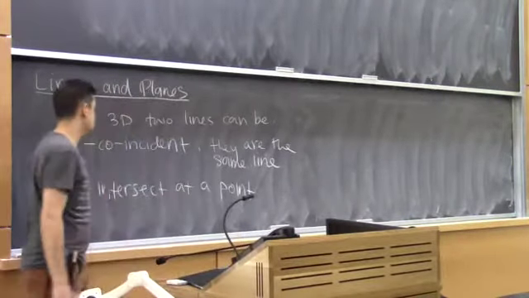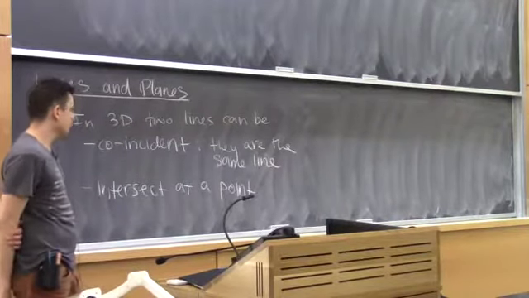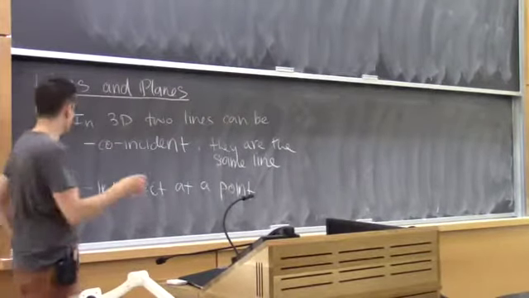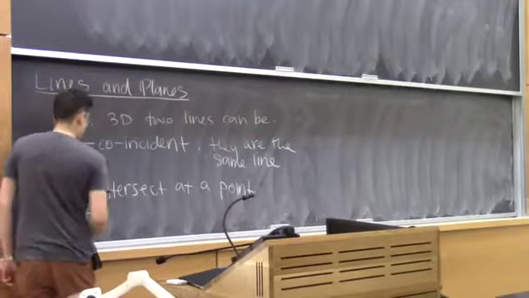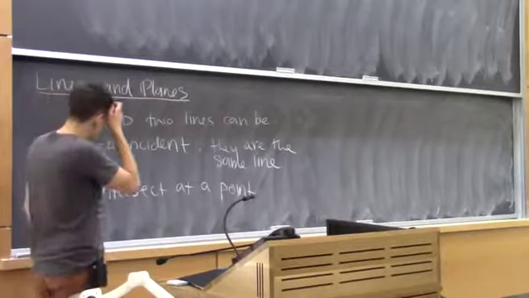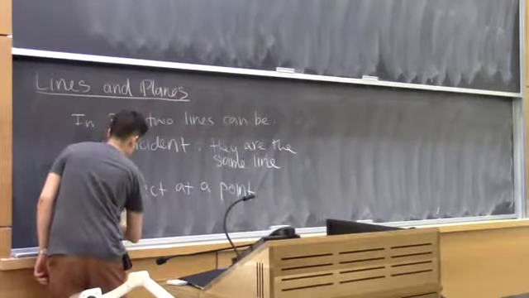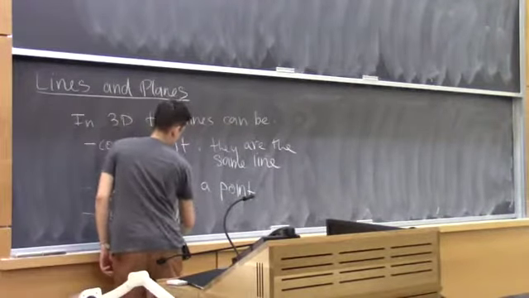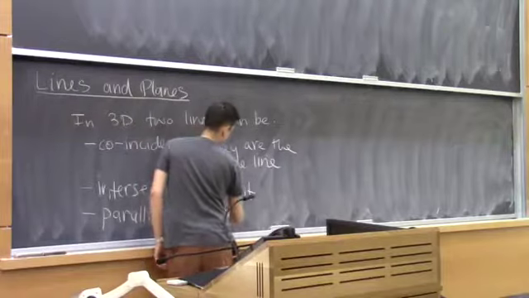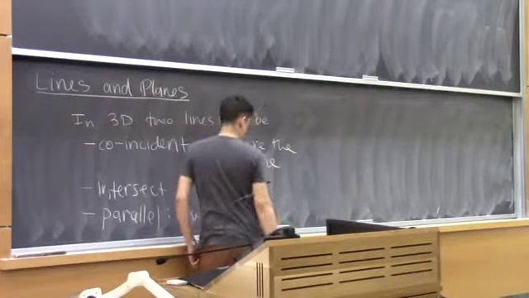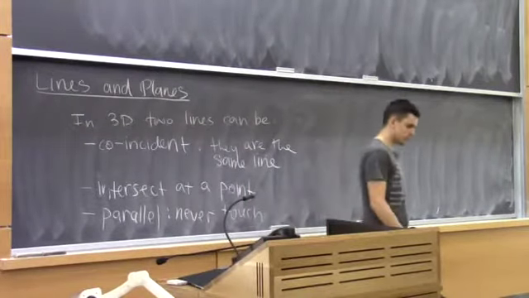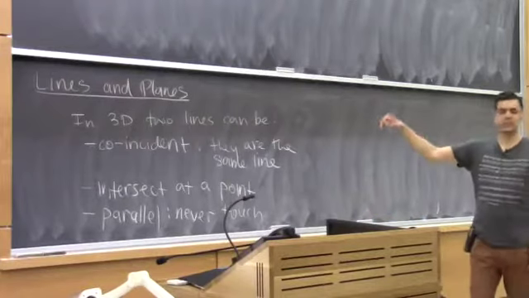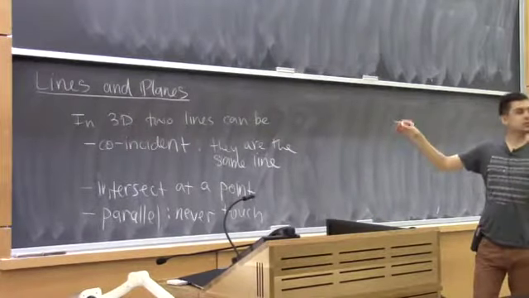They can intersect at a point, so they can just run into each other. Or they can be parallel. All 3 of these things can happen in 2 dimensions as well.